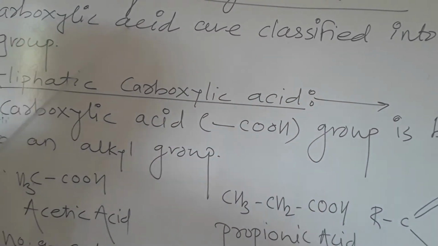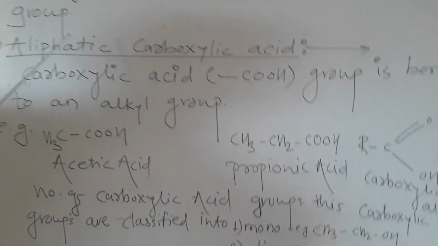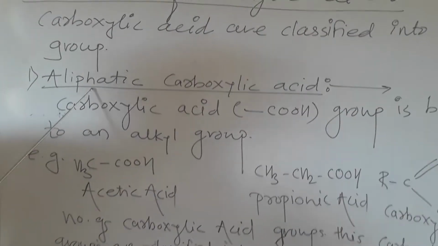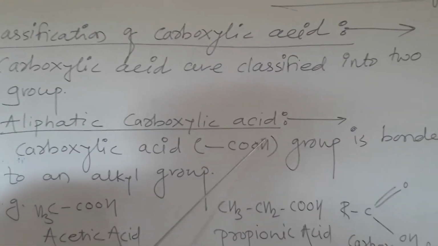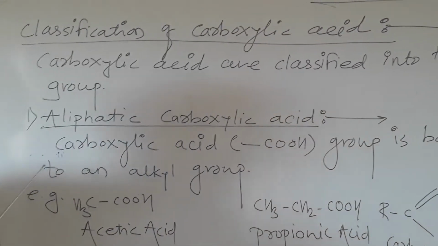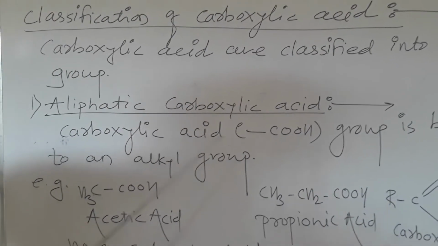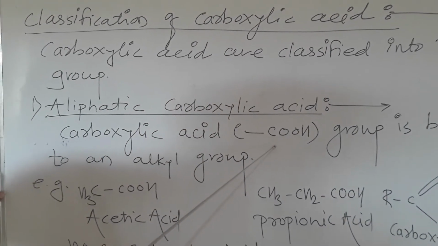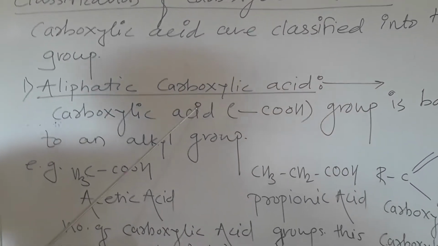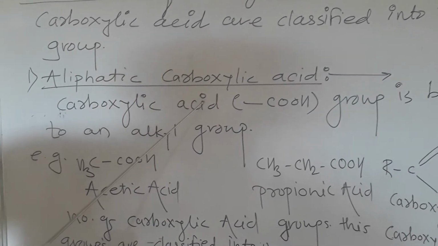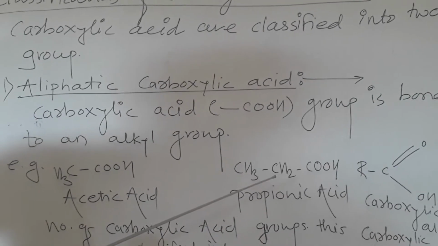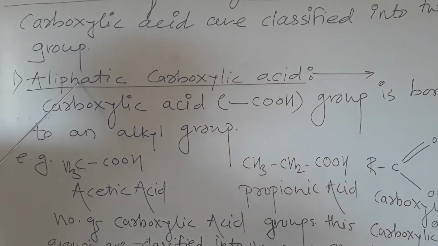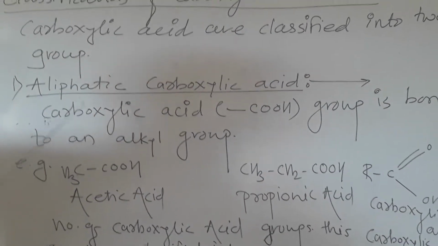These carboxylic acids are classified as aliphatic carboxylic acid when the carboxylic acid group is bonded to an alkyl group. It means this COOH group is attached to the alkyl group, and such a carboxylic acid is known as aliphatic carboxylic acid.